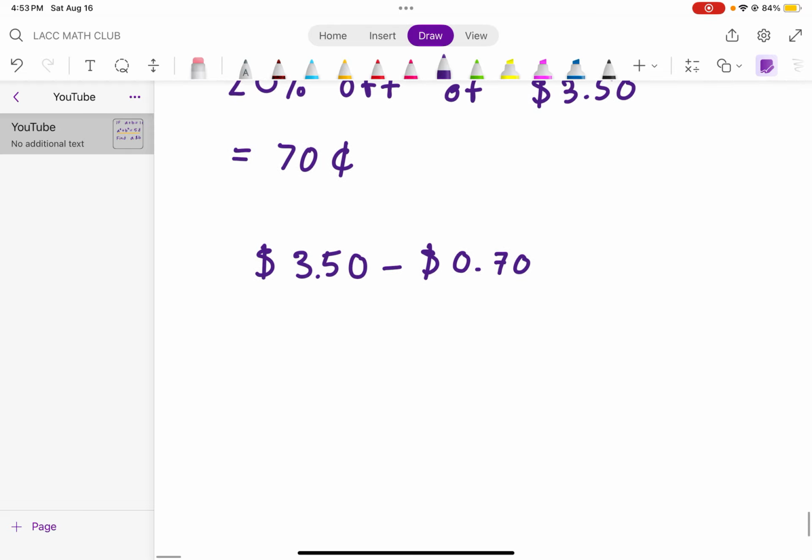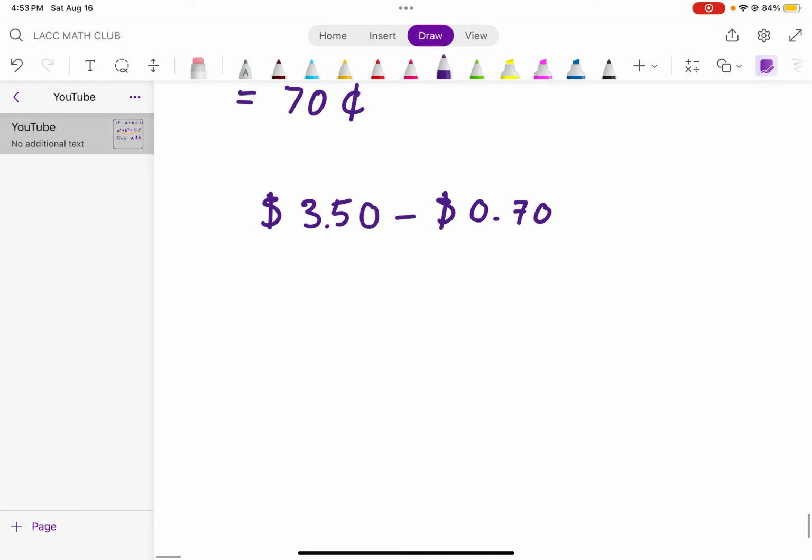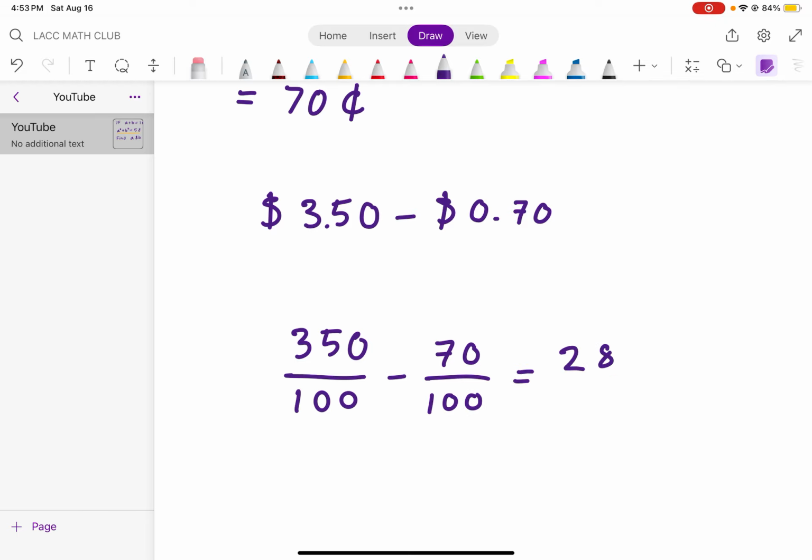So you can try to subtract these mentally. I'm gonna rewrite these in fraction form to make the subtraction a little easier. So 350 over 100 minus 70 over 100 will be equal to 280 over 100.